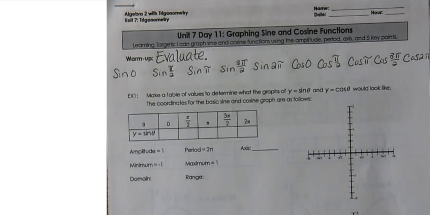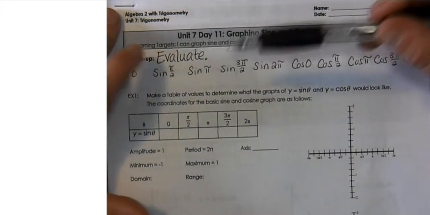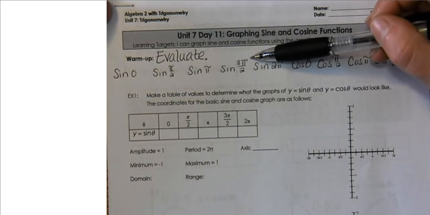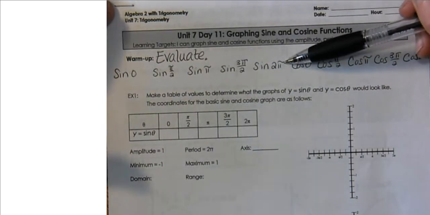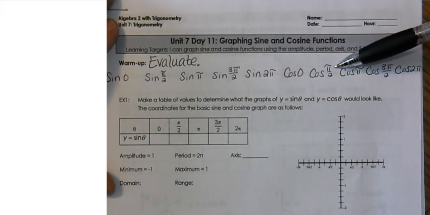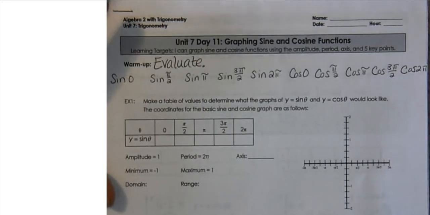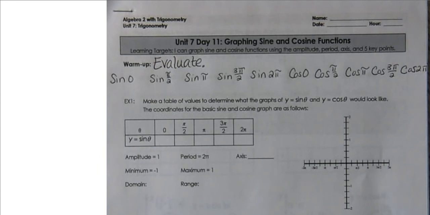I would like you to please evaluate the sine of 0, the sine of pi over 2, the sine of pi, the sine of 3 pi over 2, the sine of 2 pi, the cosine of 0, cosine of pi over 2, cosine of pi, cosine of 3 pi over 2, and cosine of 2 pi. If you need to draw out a unit circle to help you with your evaluation, that's perfectly fine, but please pause the video and complete this warm-up.